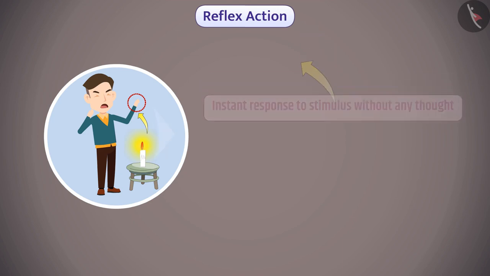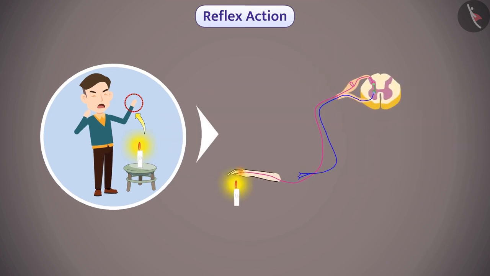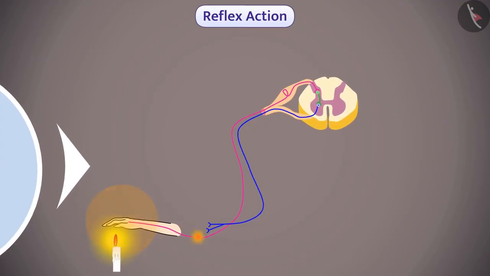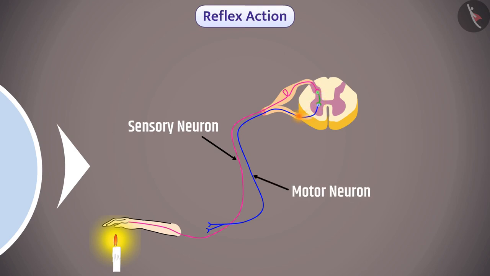During this reflex action, information from the receptor present in our skin reaches the sensory neuron. Information in a sensory neuron is converted into an electrical impulse. This information is transmitted from the relay neuron to the motor neuron.